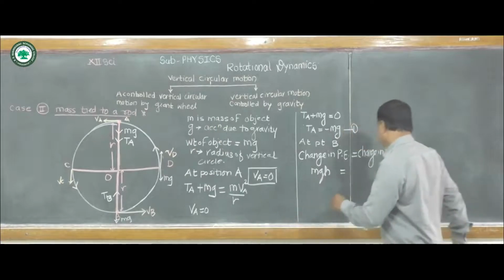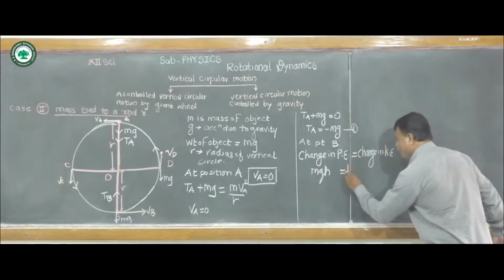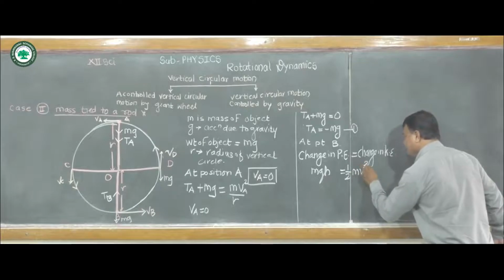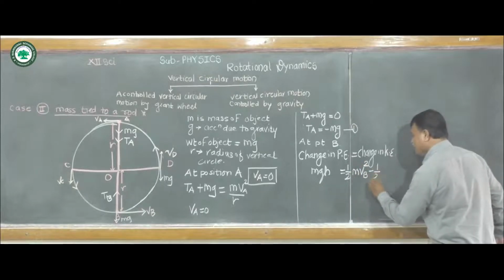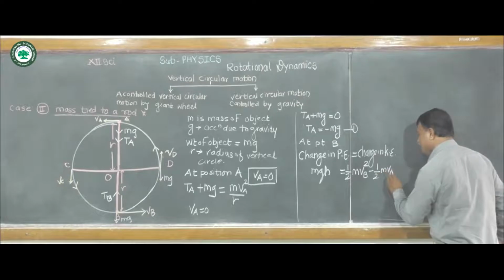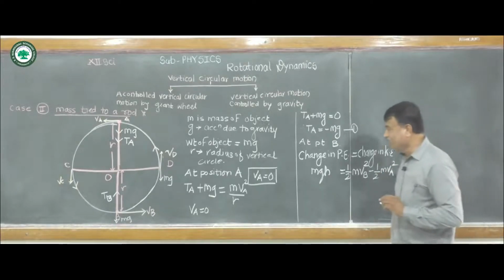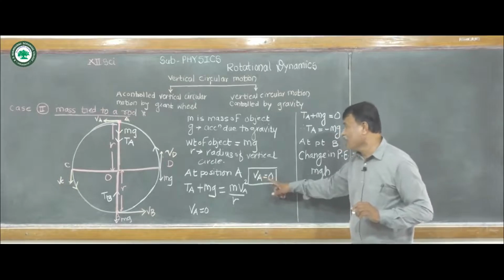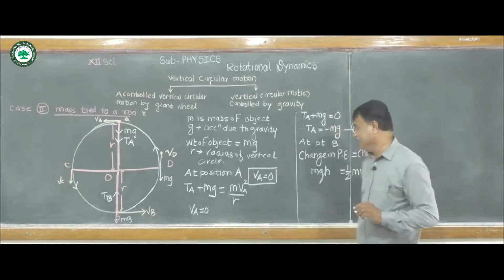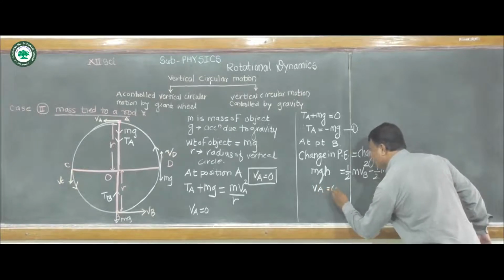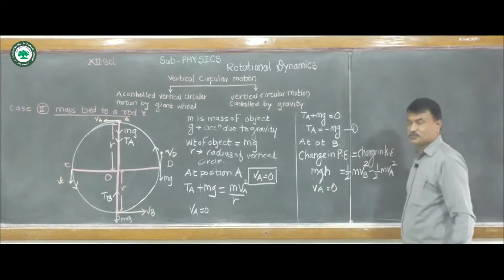So the kinetic energy at point B is half mVB square, minus half mVA square, which is the kinetic energy at point A. But we know that VA is equal to 0 at position A, so we substitute VA equal to 0 in this equation.